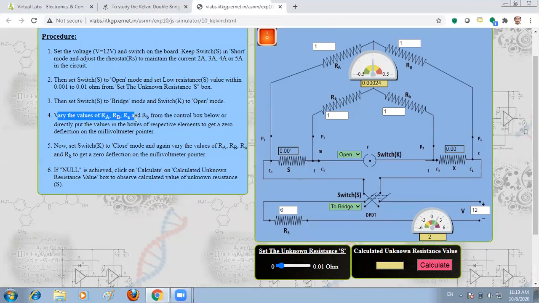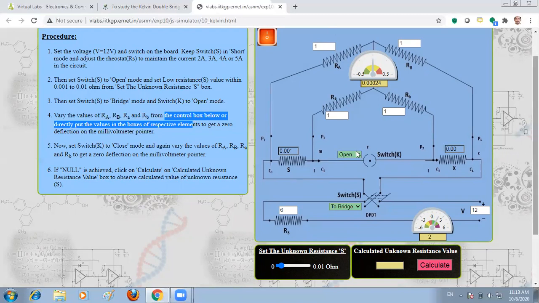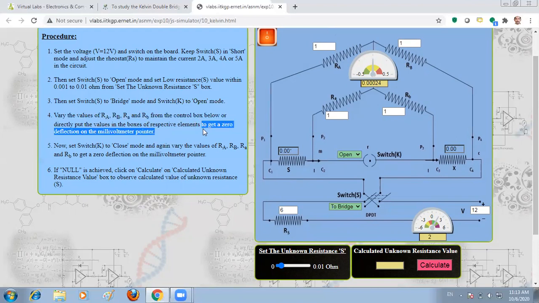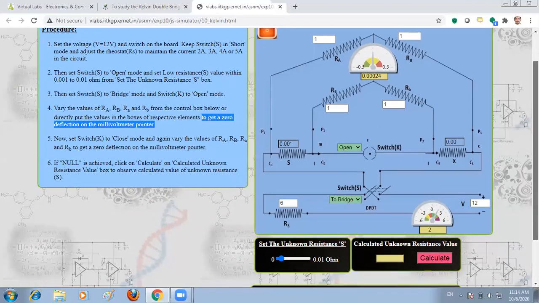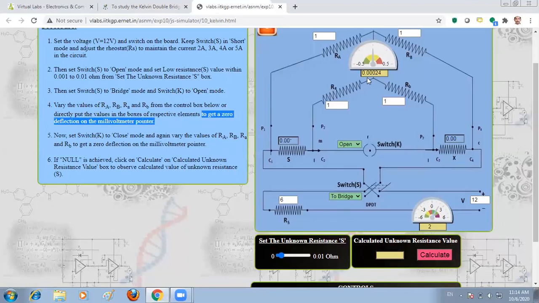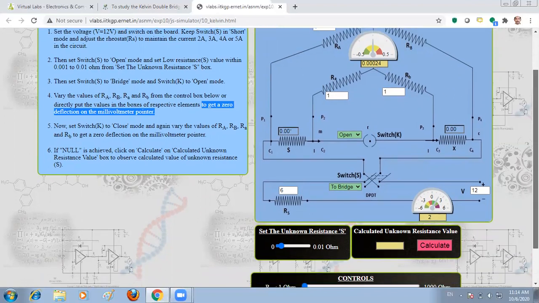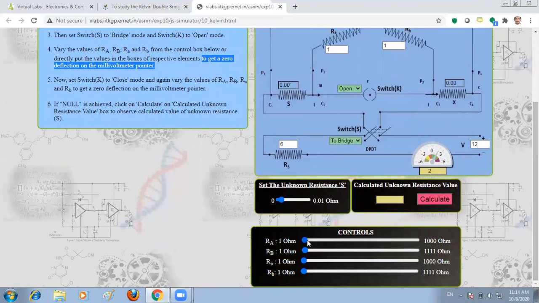Now we have to vary the values of RA and RB from the control box given below. Here we have to set the values in such a way that we get a zero deflection on the millivoltmeter pointer. Here the millivoltmeter is given and the value is 0.00024. So we will set the values by using this control box.